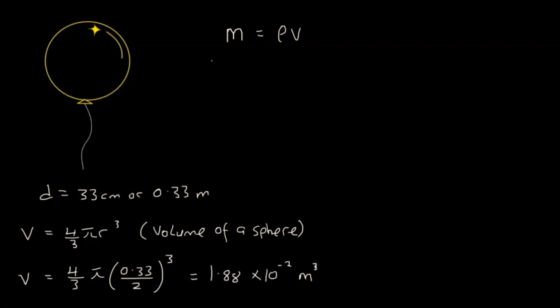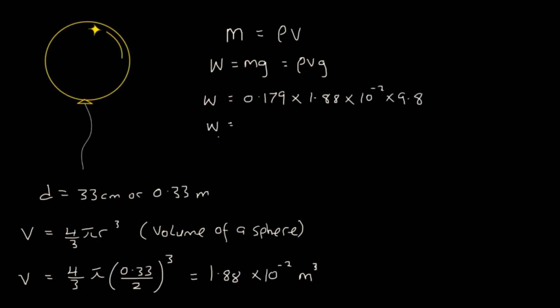So we have m equals rho V, and its weight would be its mass multiplied by the acceleration due to gravity. So we have W equals rho Vg, and this gives 0.179, which is the density of the helium, times 1.88 times 10 to the power of minus 2 times 9.8. And this gives us 0.033 newtons.